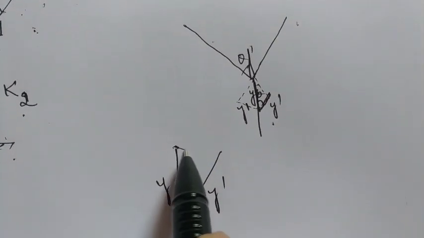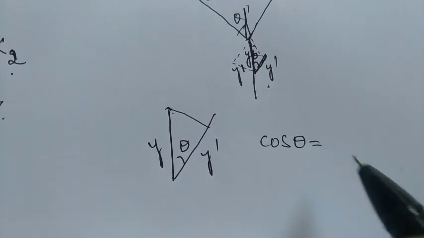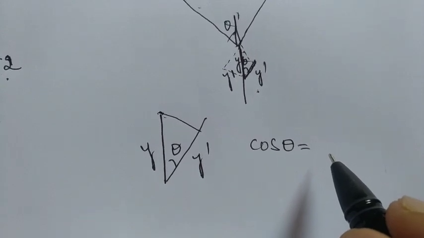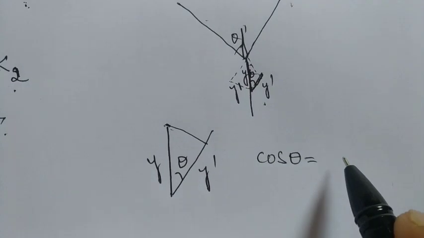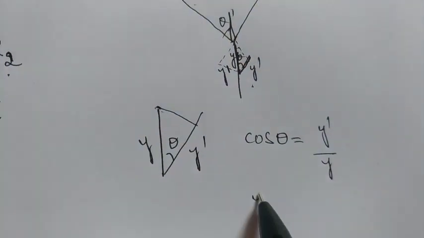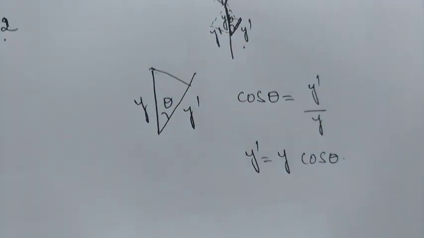So from this triangle, writing the value of cos theta: cos theta is equal to adjacent by hypotenuse. So it becomes Y dash by Y. So Y dash is equal to Y cos theta.